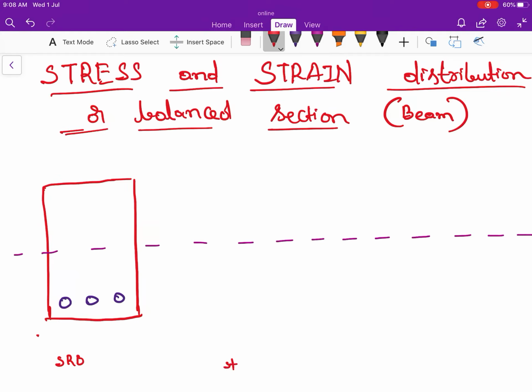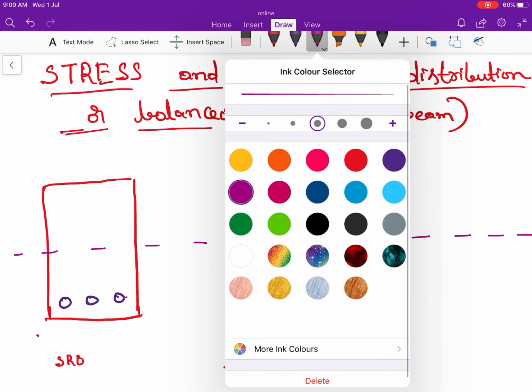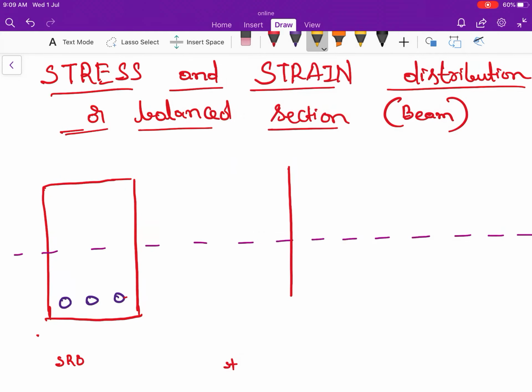The strain diagram is going to come like this. At this position I am going to draw one strain like this. Then at the neutral axis it will be 0. Later it comes to be like this. This is the strain diagram.